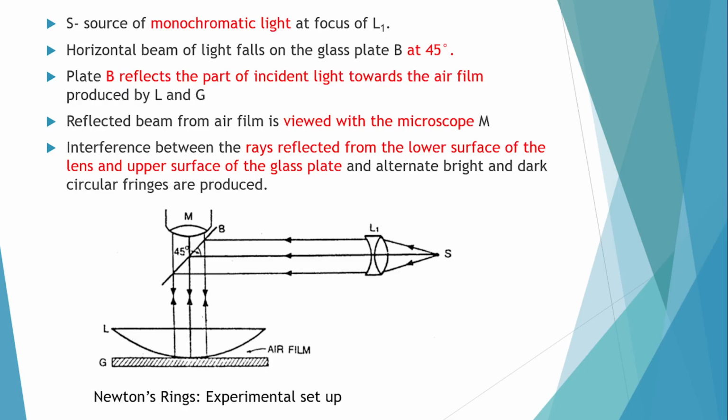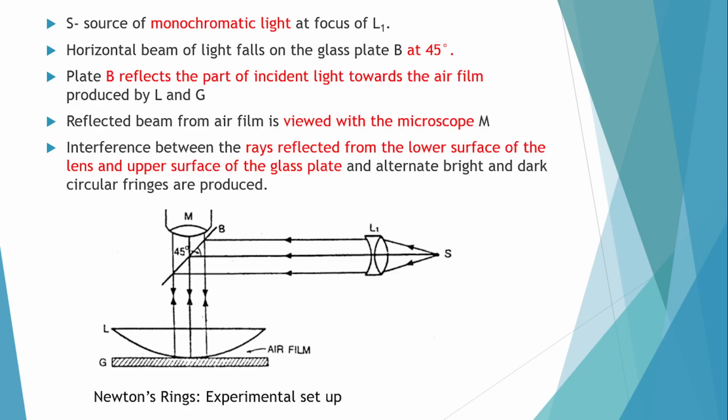Part of the light is reflected towards the air film produced by lens L and glass plate G. The light rays are again reflected back from the lower surface of the lens and the upper surface of the glass plate, and the interference is produced between these reflected rays within the air film.